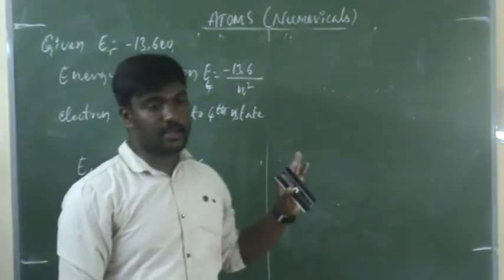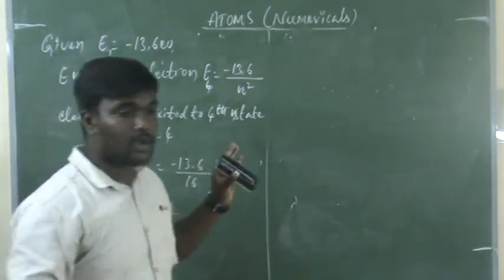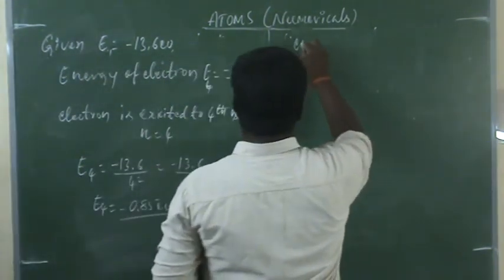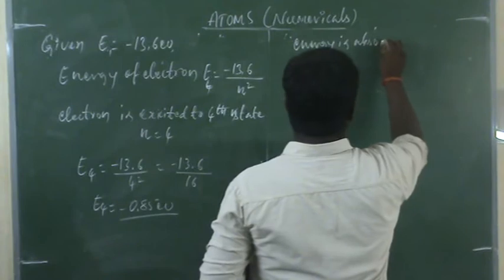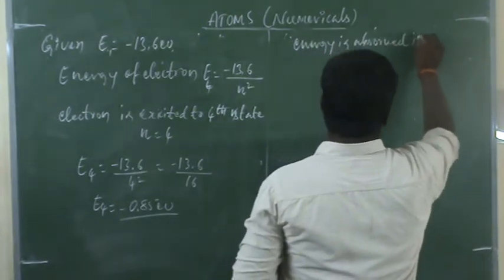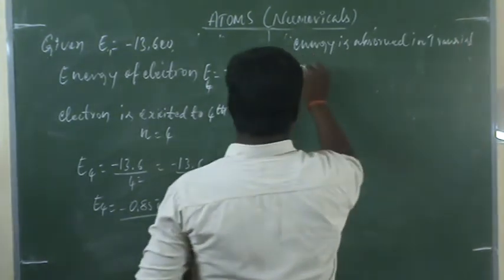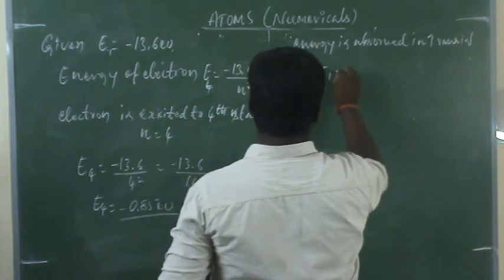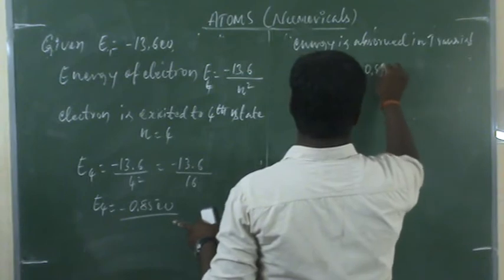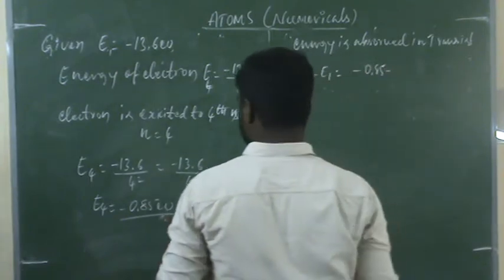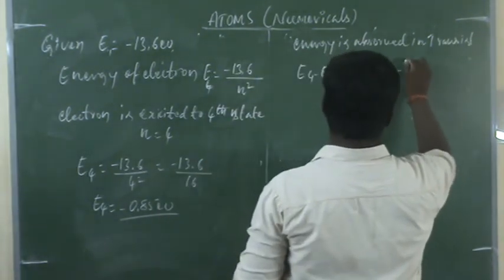Next, what we have to calculate is the energy absorbed in the transition. So E4 minus E1. E4 means minus 0.85, minus E1 means minus 13.6.